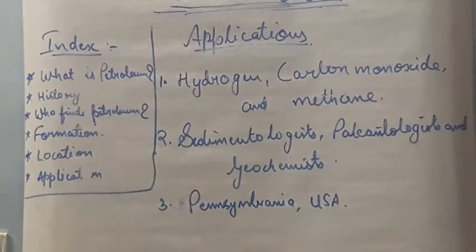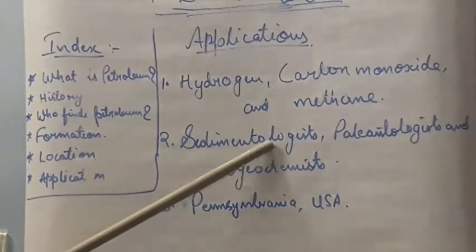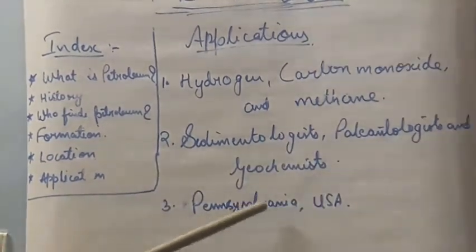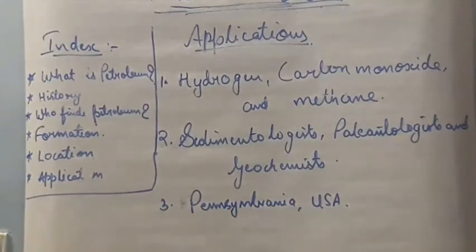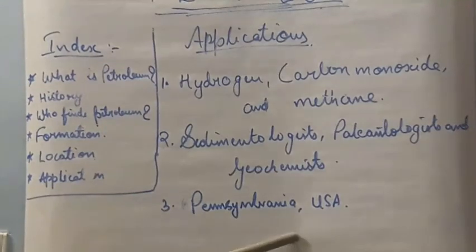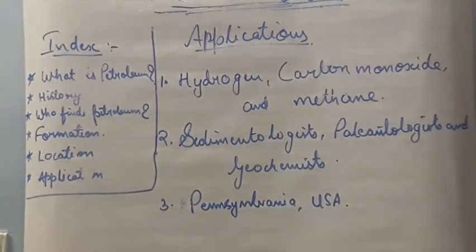We learned today: sedimentologist, paleontologist and geochemist. Third question: where was petroleum drilled for the first time? The area was Pennsylvania in USA. Very good, students. I know you have all done the work, and that also correctly.